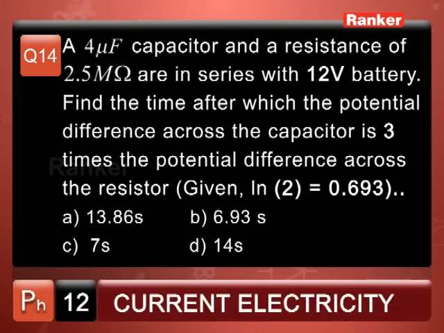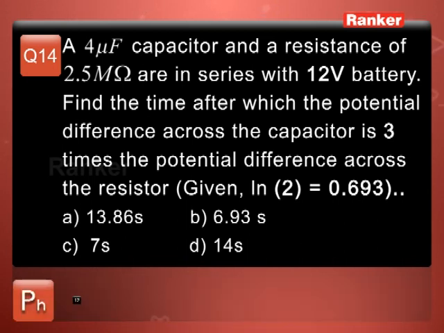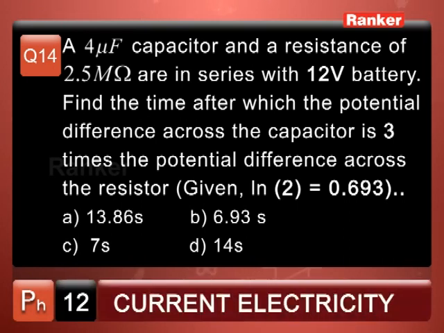A 4 microfarad capacitor and a resistance of 2.5 mega ohm, or even you can call it million ohm, are in series with a 12 volt battery. Find the time after which the potential difference across the capacitor is 3 times the potential difference across the resistor.